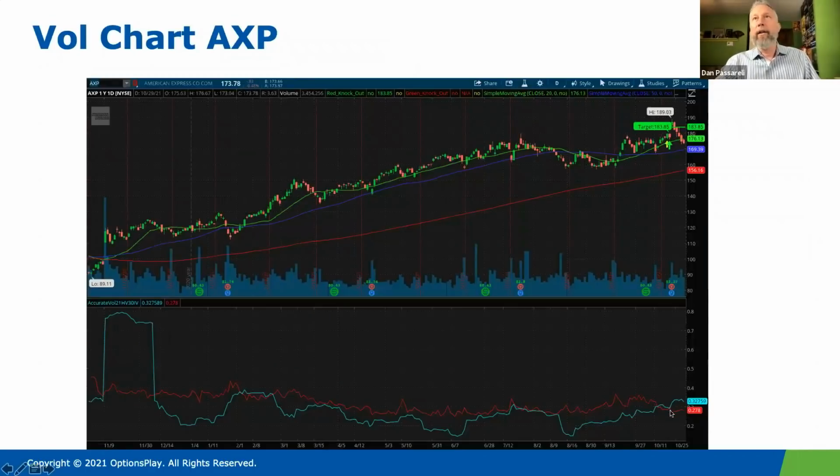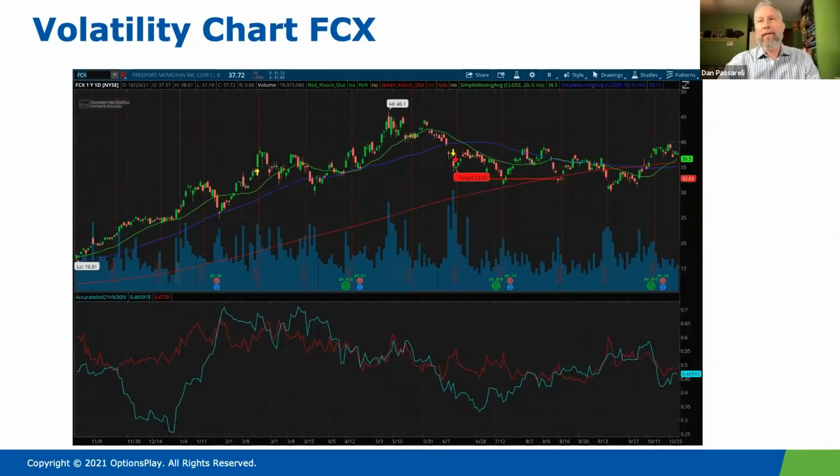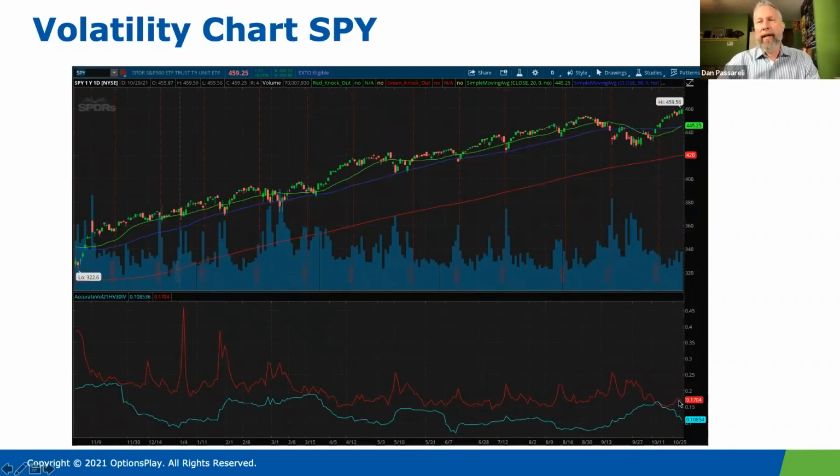Like AXP here in this example, price is not current, had cheap volatility. If I thought it was going up and I bought a call, I'd be getting a really good deal on this call. My time decay would be lower because the value of the call is lower. I'm risking less and I can make just as much, if not a higher percentage. Or, this one was more overpriced volatility, not hugely, but a little bit.